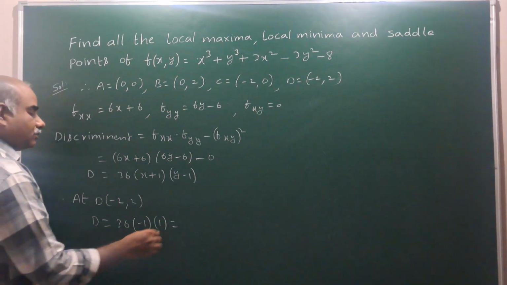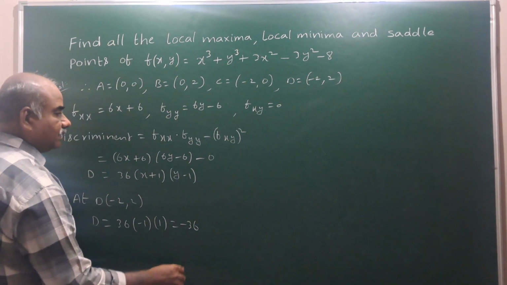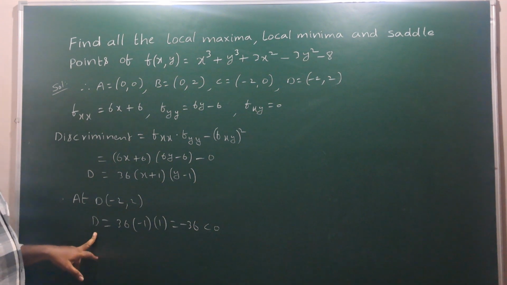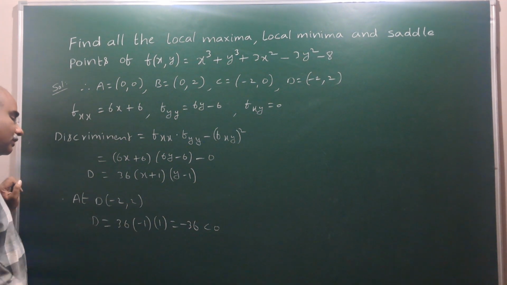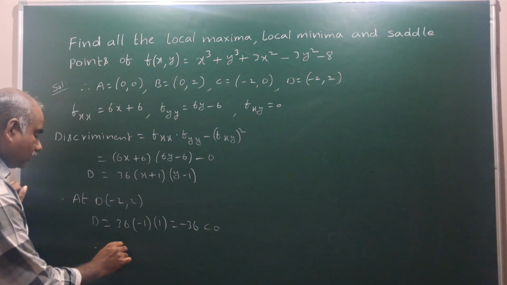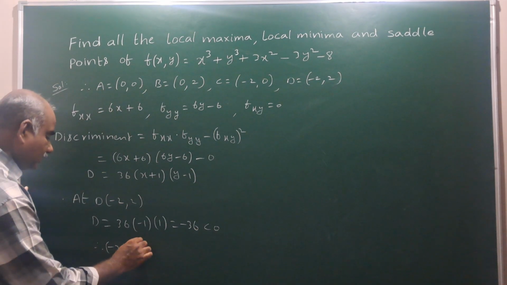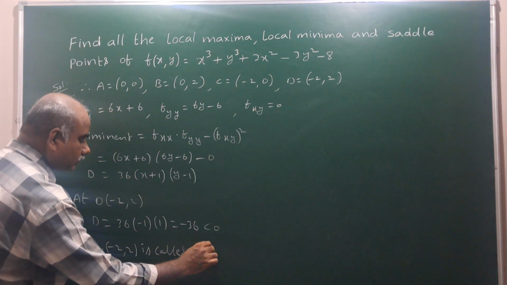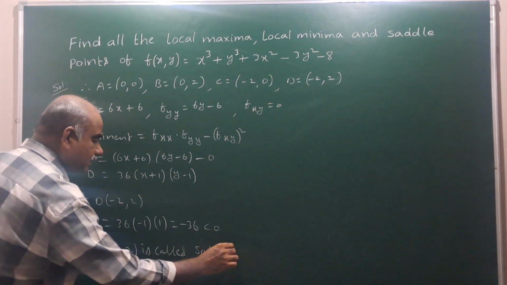So 36 into -1 gives -36, that means less than 0. If discriminant is less than 0, then the point is called a saddle point. Therefore, (-2, 2) is called a saddle point.